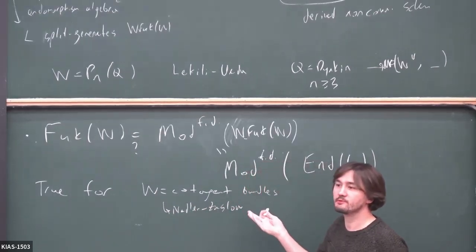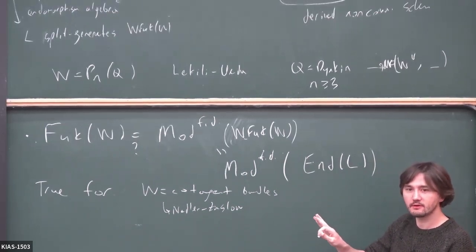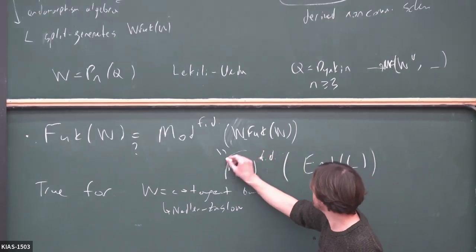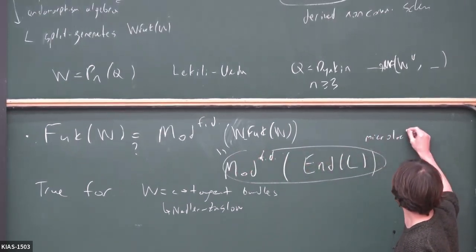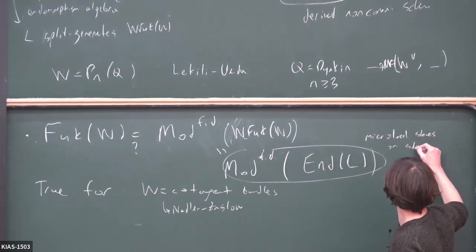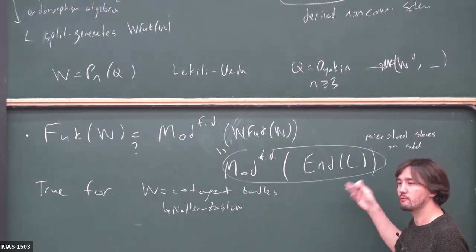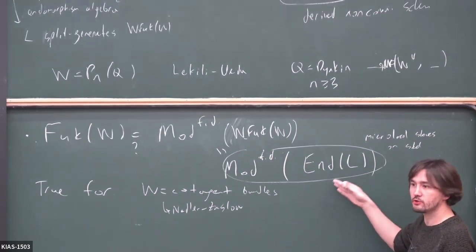Of course, they present this theorem sheaf theoretically, but I don't want to enter too much into sheaf theory for the sake of time. But you can think of this as microlocal sheaves on the skeleton. It's not directly like that, but using some combination of results, now we know this is the microlocal sheaf category.